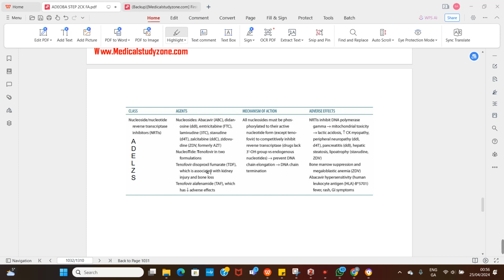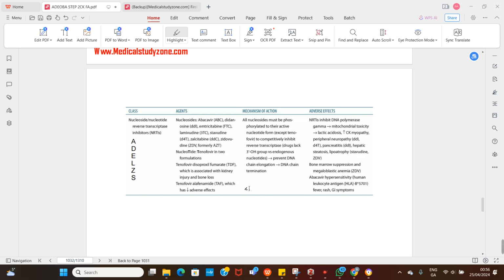So that is tenofovir. Tenofovir comes in two different forms: the tenofovir disoproxil fumarate, that's the TDF, and the TAF, which is the tenofovir alafenamide. So that is very, very important. Alafenamide, that's the one everybody wants.